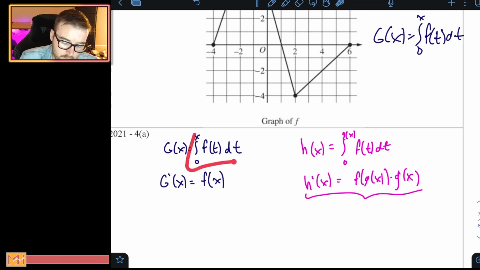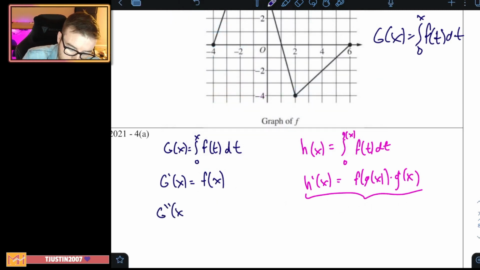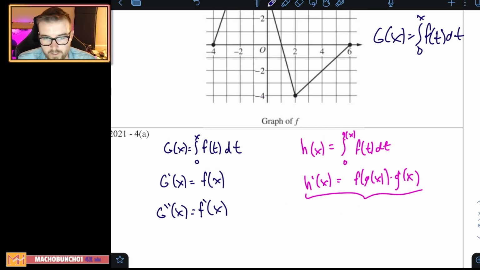So for this relatively simple integral, where g of x is simply x, you take the top bound and plug it in, that's f of x, and multiply by the derivative of the bound. Well, the derivative of x is just 1. So g prime of x equals f of x. So that means g double prime of x, the second derivative, is equal to the first derivative of f.